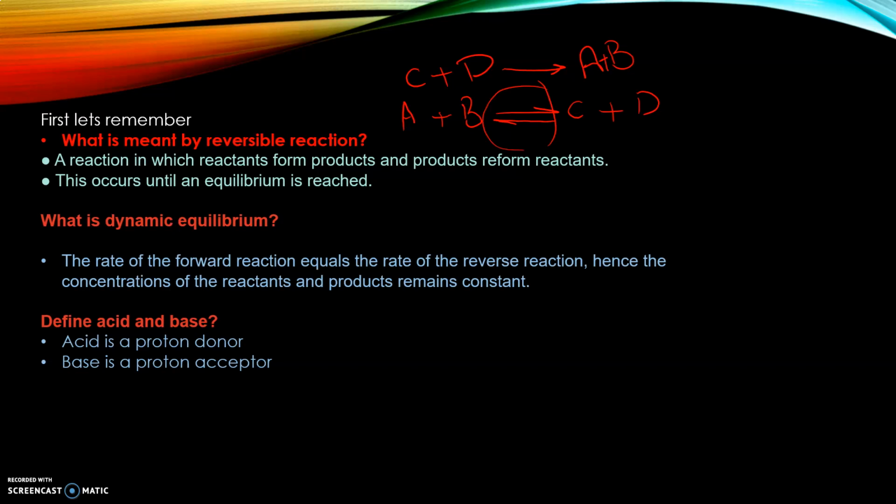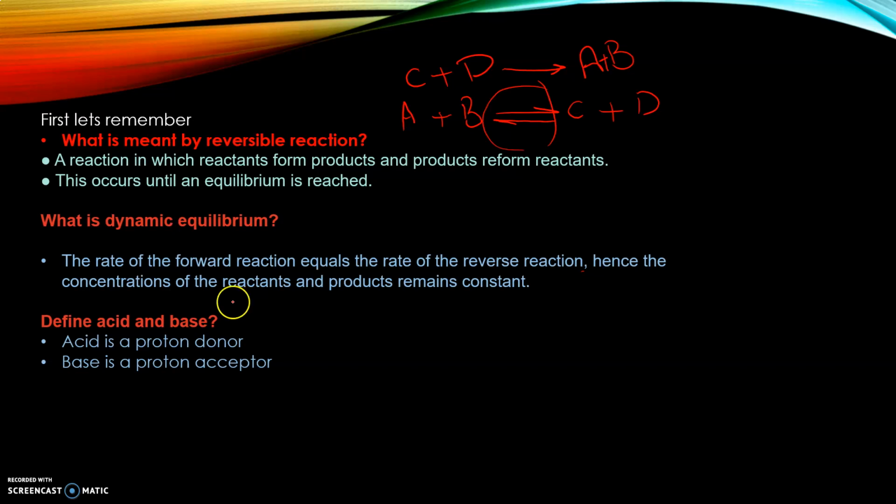But what is a dynamic equilibrium? To be specific, a dynamic equilibrium is when the rate of the forward reaction equals the rate of the reverse reaction. So there is a reaction going on, but there is no change.